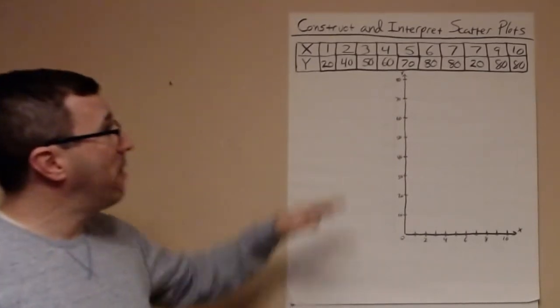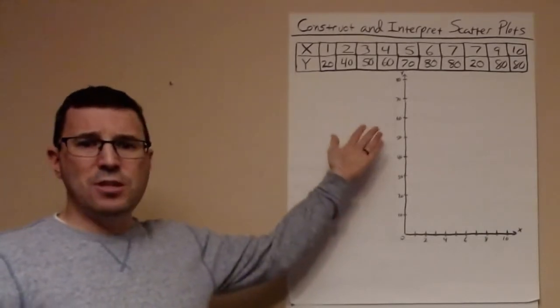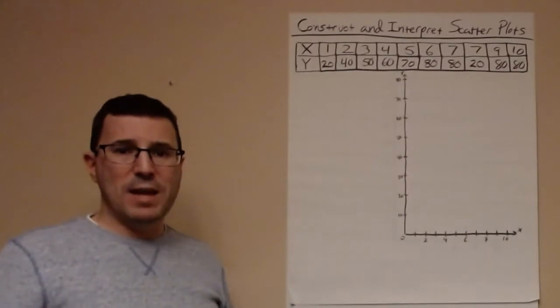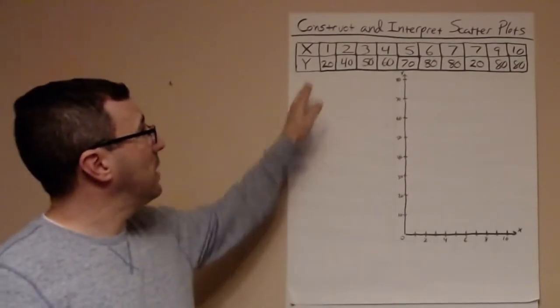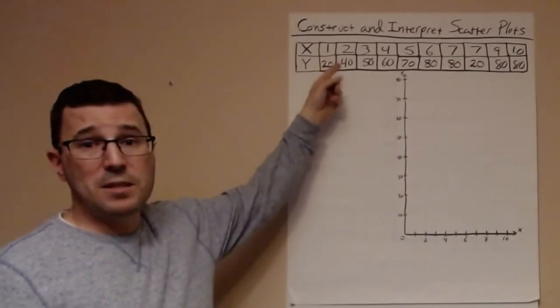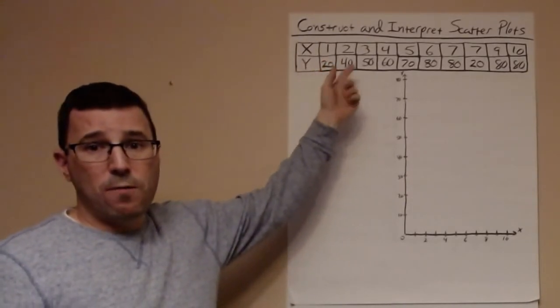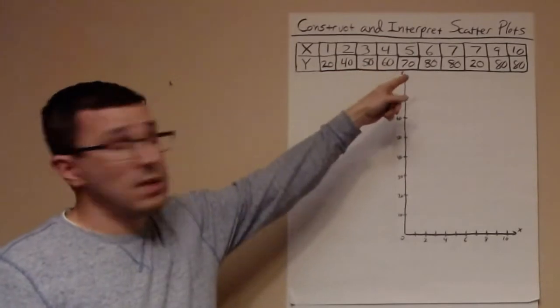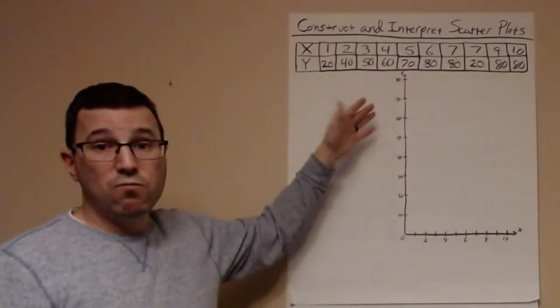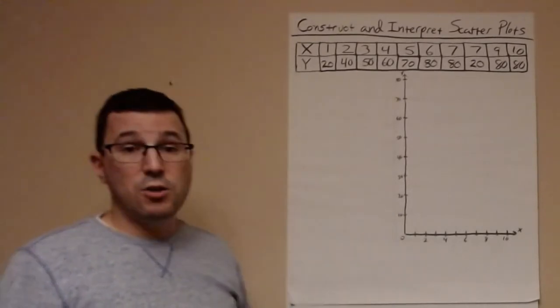So what I have here is just a general set of data. It could be anything. Basically I have my X and my Y. If we look at the X's, they're going 1, 2, 3, 4, 5, 6, 7. We actually skip 8, 9, 10. The Y's are going 20, 40, 50, and so on.